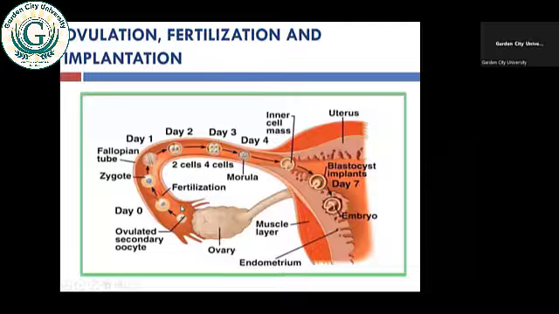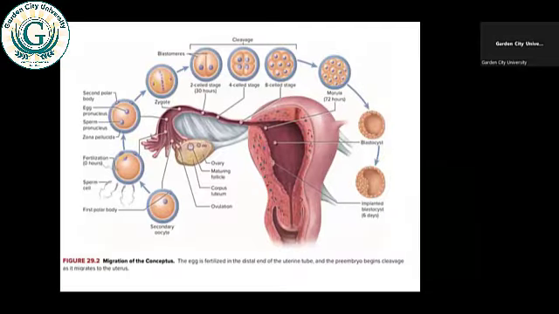So we are still revising that. We have to update our knowledge on how the fertilized ovum moves from the fallopian tube into the uterus. Still the same diagram, but in another form. Migration of the conceptus.